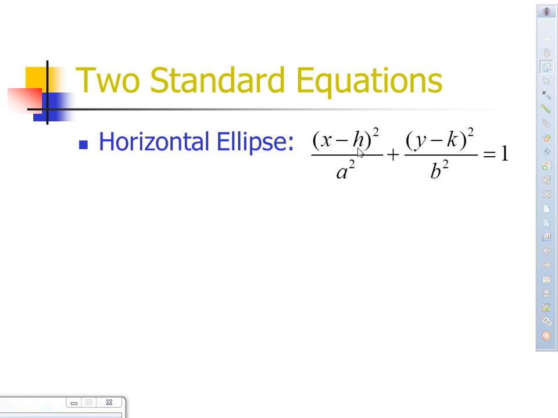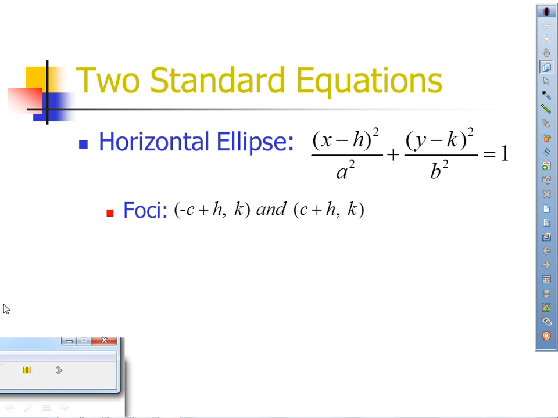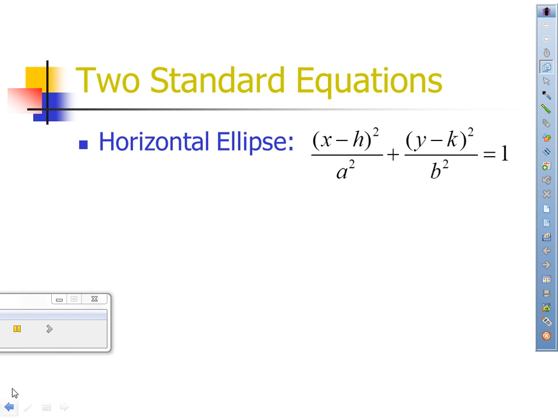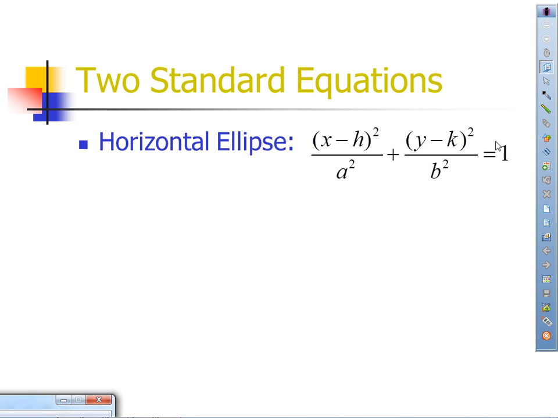H and k represent the center of the ellipse, that'd be the ordered pair for that. But since we're going to be at the origin, h and k are 0. So what we can do is simplify this.